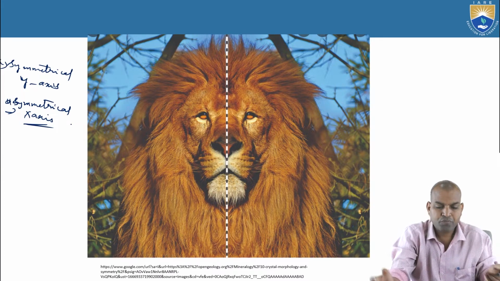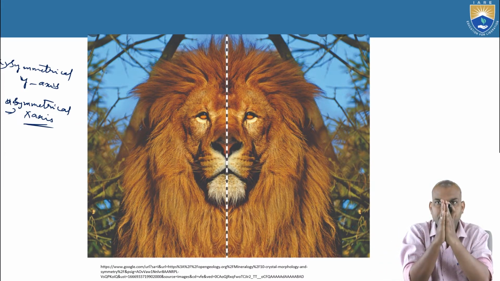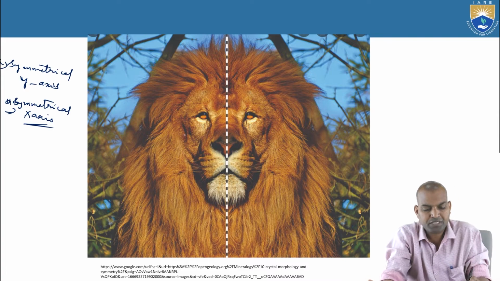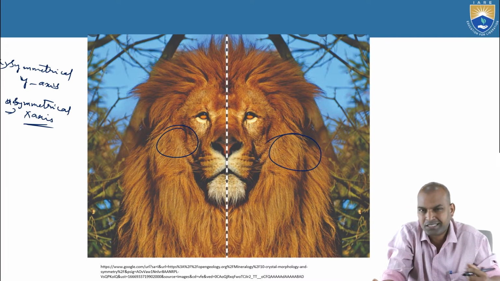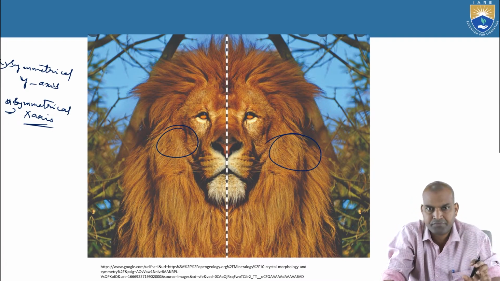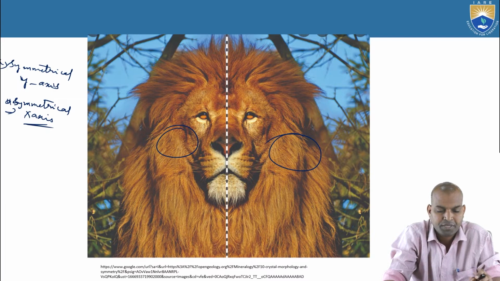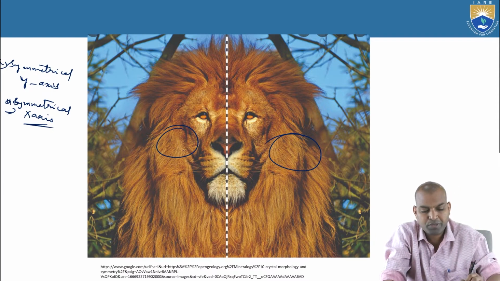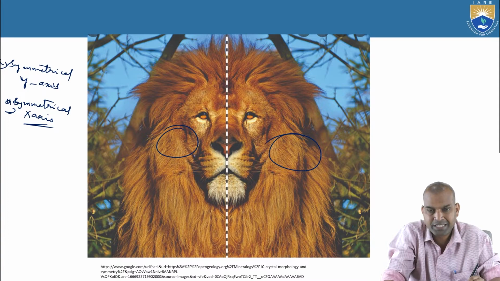How is it? If you fold about the vertical axis, the left side and right side, the geometry is the same, the area of the geometry is the same.